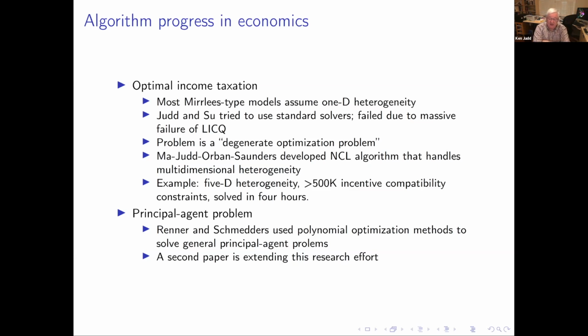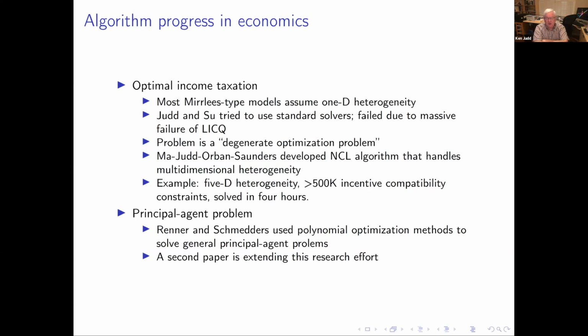And often they differ only in terms of their productivity. And so then Mirrlees' problem is to find optimal income taxation where all you observe is somebody's income, but the only difference among people is their productivity, which a government cannot directly observe. Now, I've been thinking about that for many years.